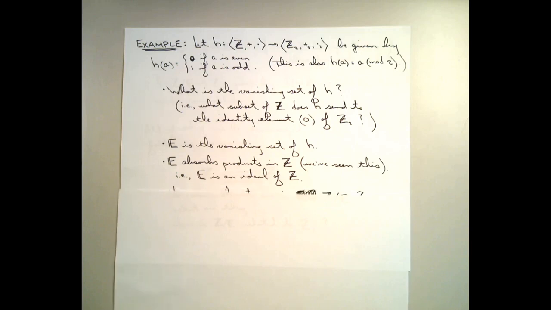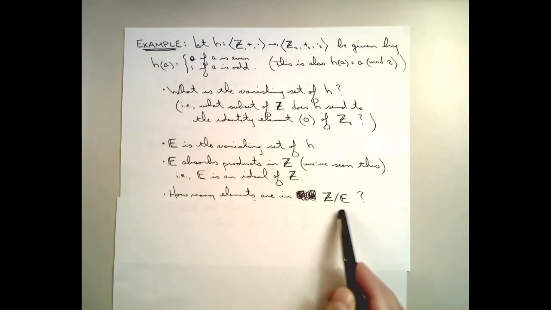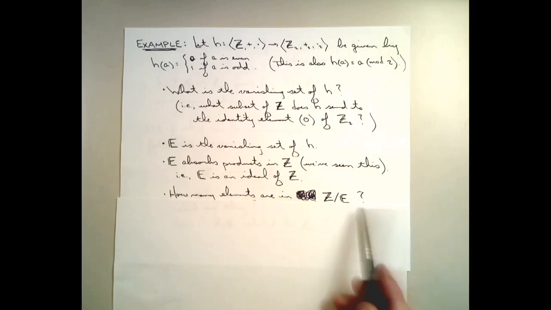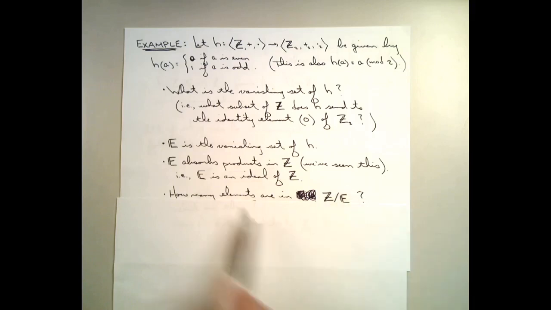Now let's think about this for just a moment. How many elements are going to be in the quotient ring Z mod E? Keep in mind, Z mod E makes sense because E absorbs products. That was exactly the additional condition we needed on a subring in order to guarantee that the quotient ring existed.